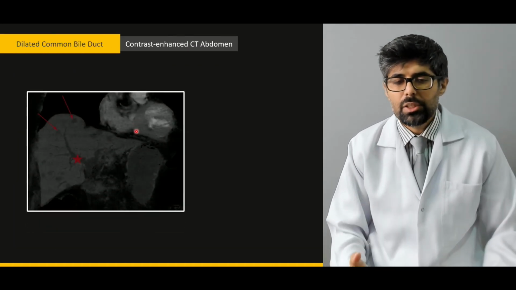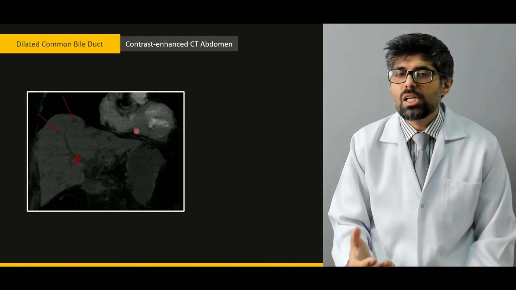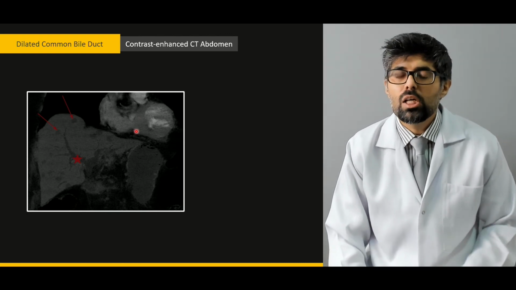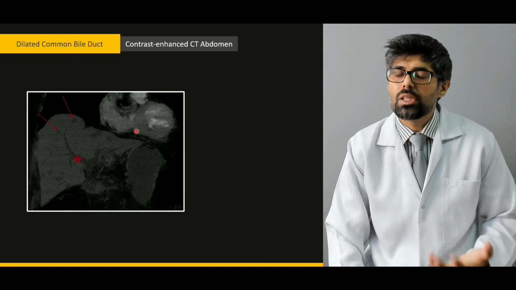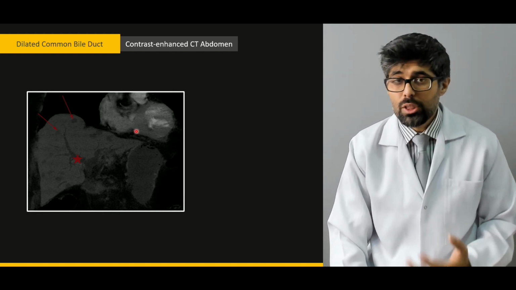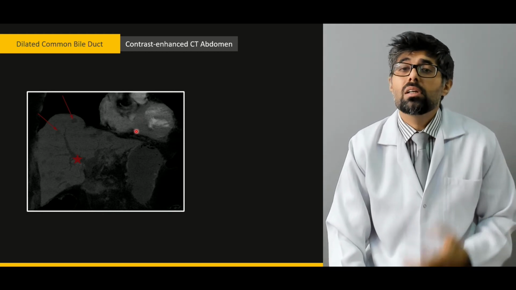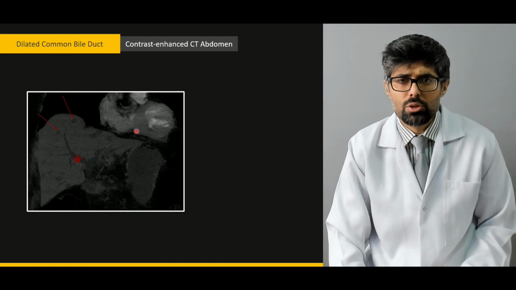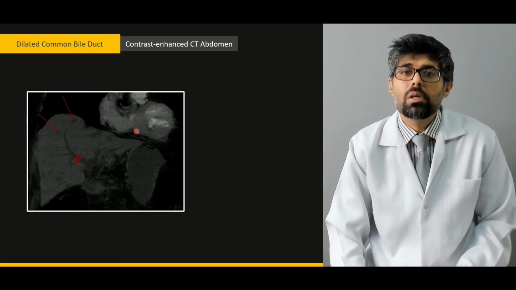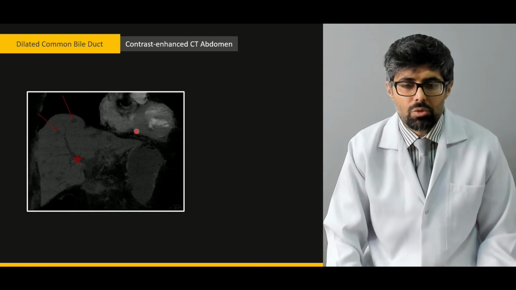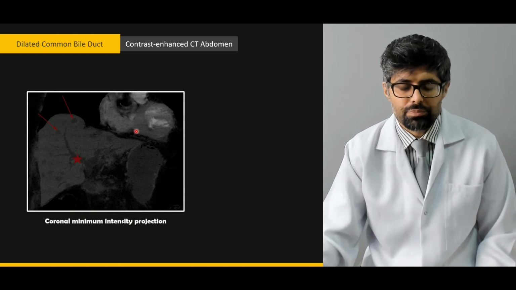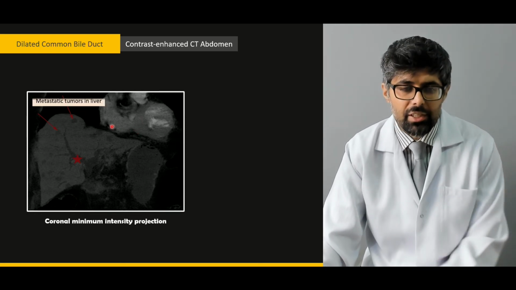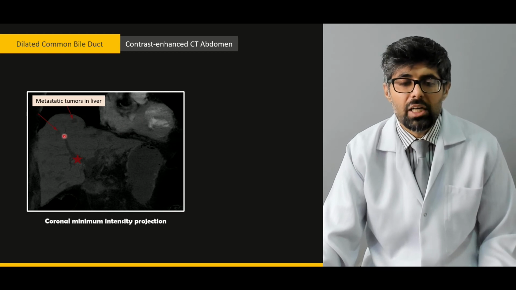Now, as I stated earlier, biliary dilation inside the liver is usually due to the presence of a tumor. Now, these tumors can be primary, such as cholangiocarcinoma, or they can be metastatic. This is a picture of metastatic tumors inside the liver.